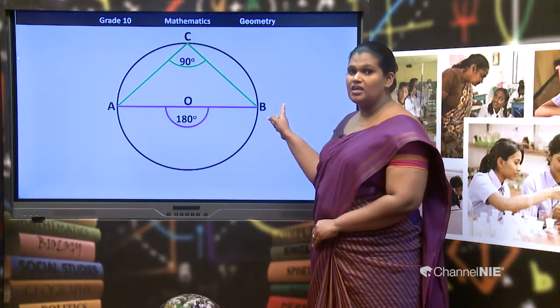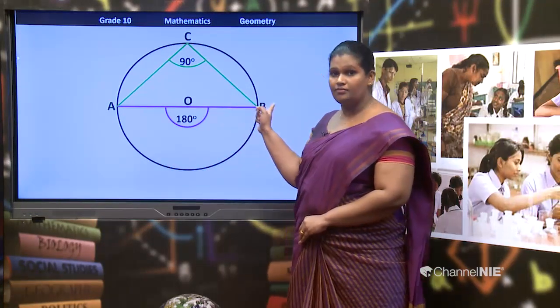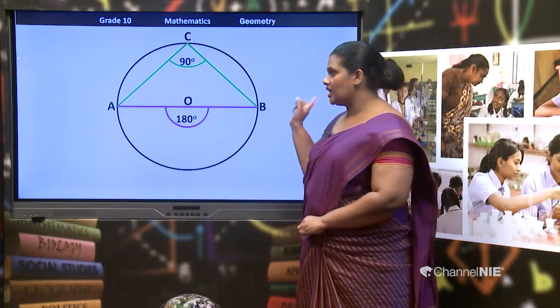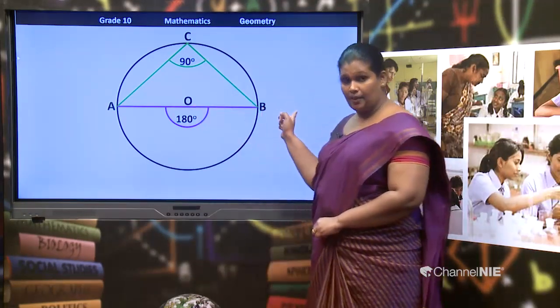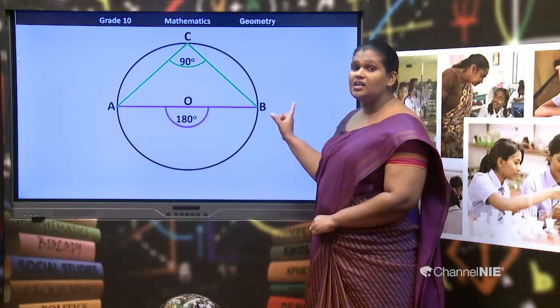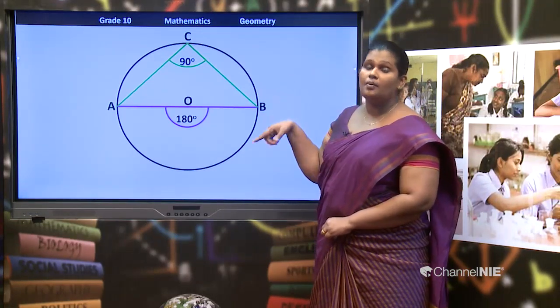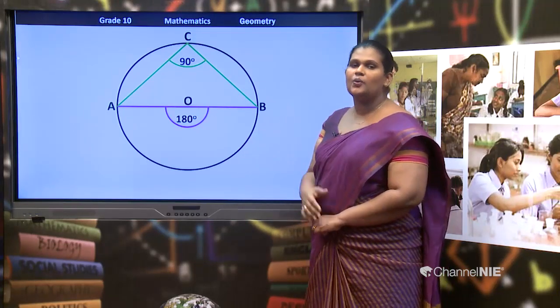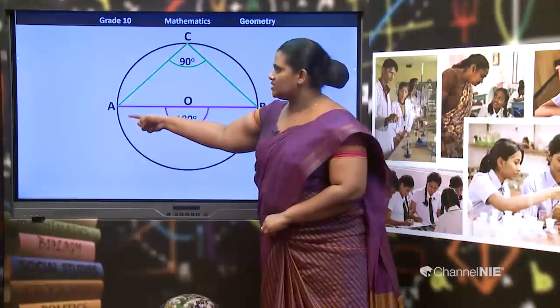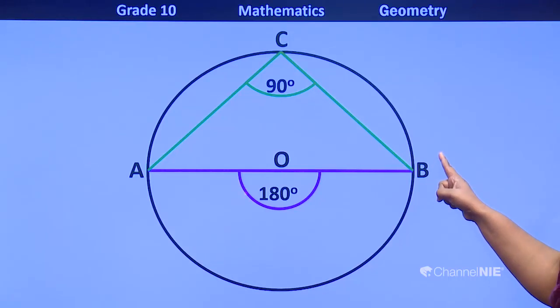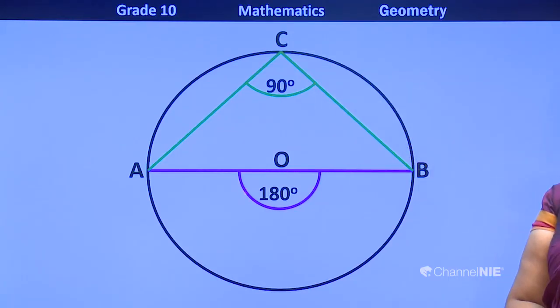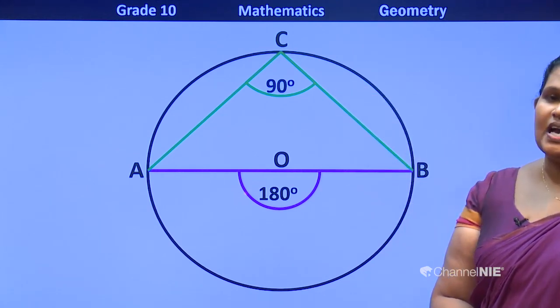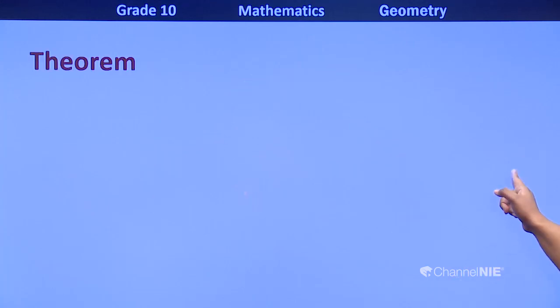This time when we consider the diameter AB, we can't have a major arc or a minor arc. Why? Both arcs are equal in length. So, if I consider this arc, this is the angle subtended on the remaining part of the circle. So, you can observe the magnitude of it is 90 degrees.